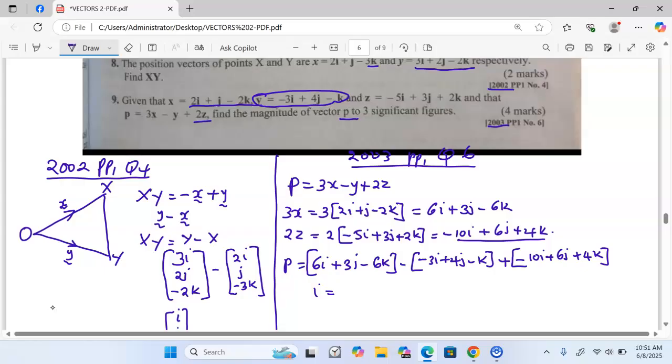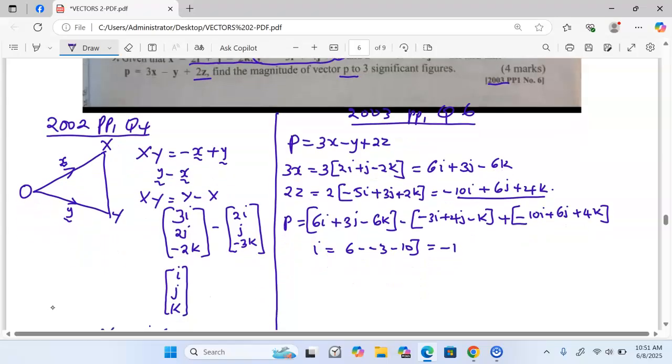For the i, we take the coefficient of i, which is 6, then minus the coefficient of i, which is 3, then plus 10. 6 minus 3 will give us positive 9, plus 10, which is going to give us 1.